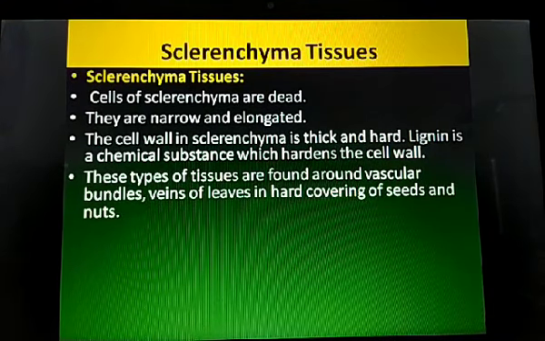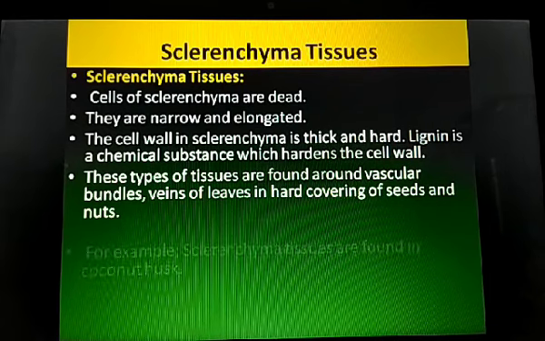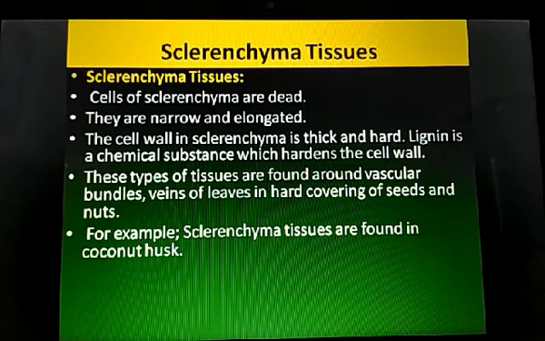These types of tissues are found around vascular bundles like xylem and phloem, which we'll be discussing in a later part of this chapter, and in veins of leaves and the hard covering of seeds and nuts. For example, sclerenchyma tissues are found in coconut husk. Yes, you must have seen the outer cover of a coconut.